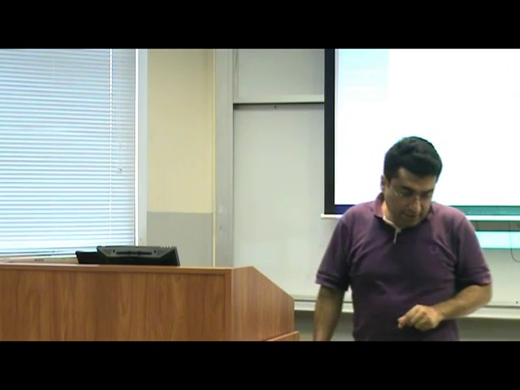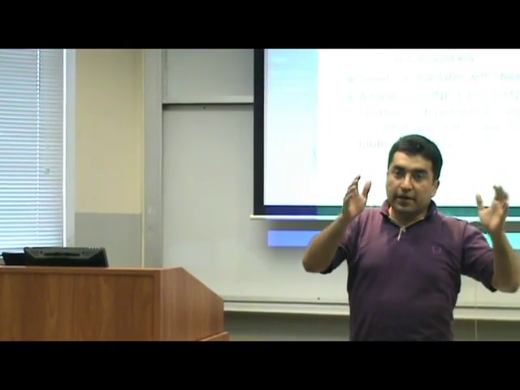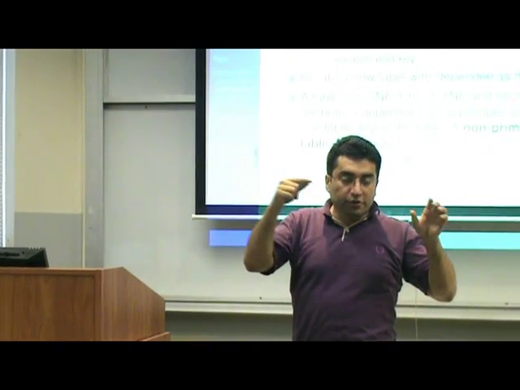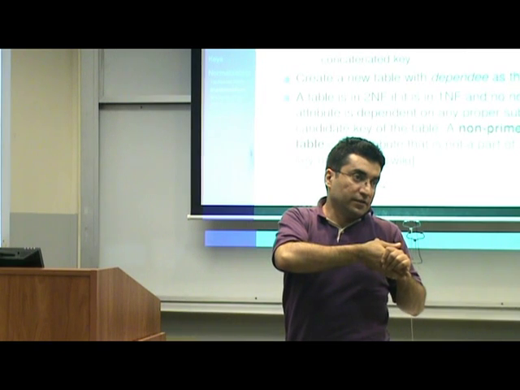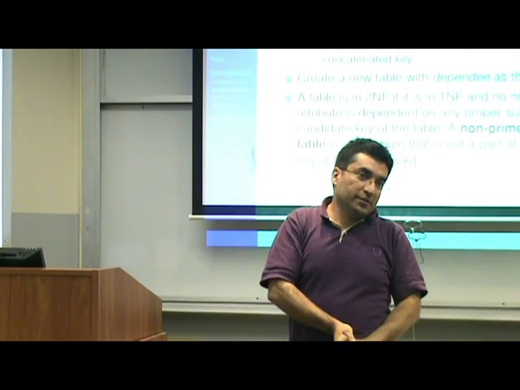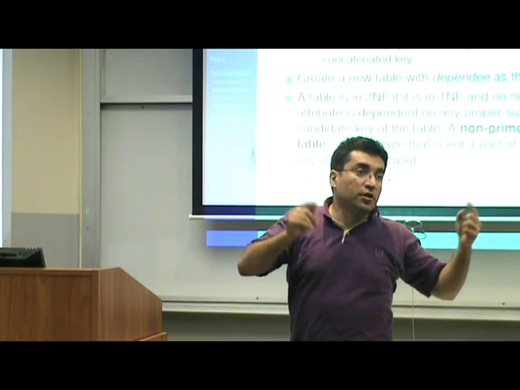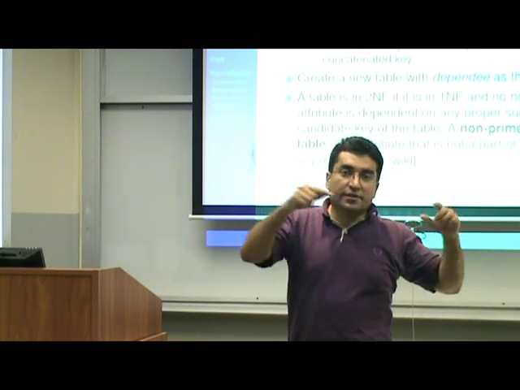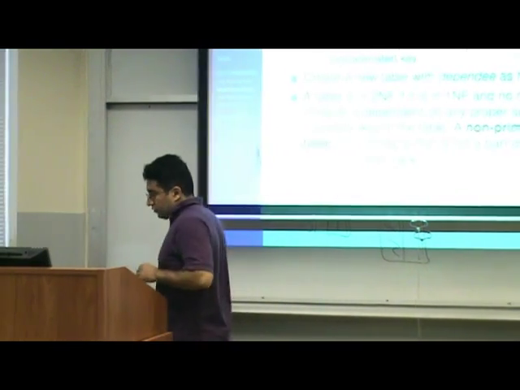What you told is exactly correct, but let me explain it this way. Any set of attributes that can identify a record is a candidate key. Okay? The primary key is one of those candidate keys. Any minimal set of attributes that can identify a record in the relation. So let me.